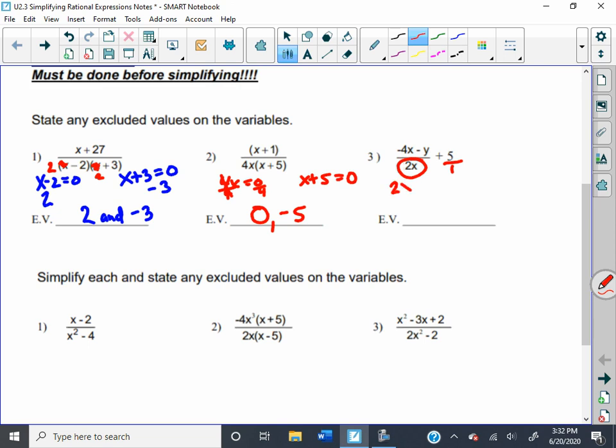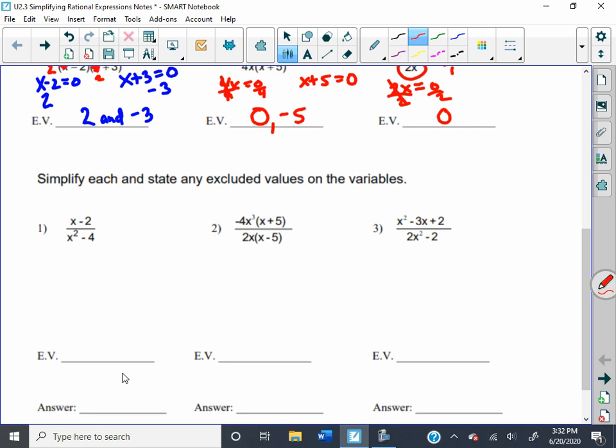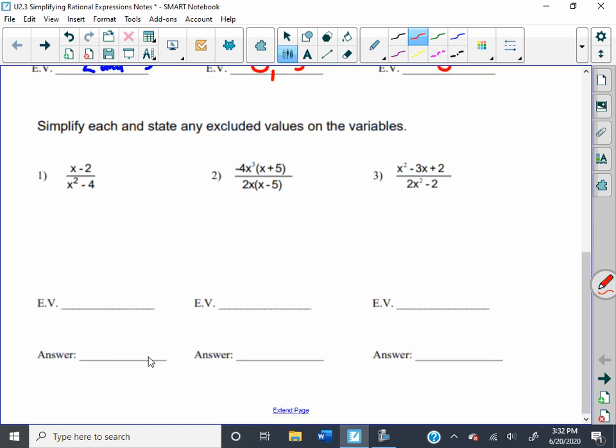So if I set 2x equal to 0 and solve it, I'm going to get 0. All right, 0 divided by 2 is 0. So 0 is the only excluded value. This one only has 1. So sometimes you're going to get 1 excluded value, sometimes 2, you can get 3 or 4. It all depends how many x's are in the denominator when you factor.